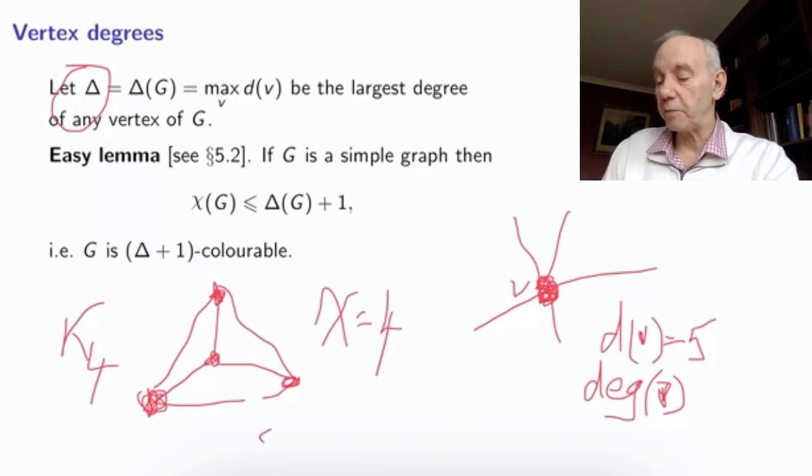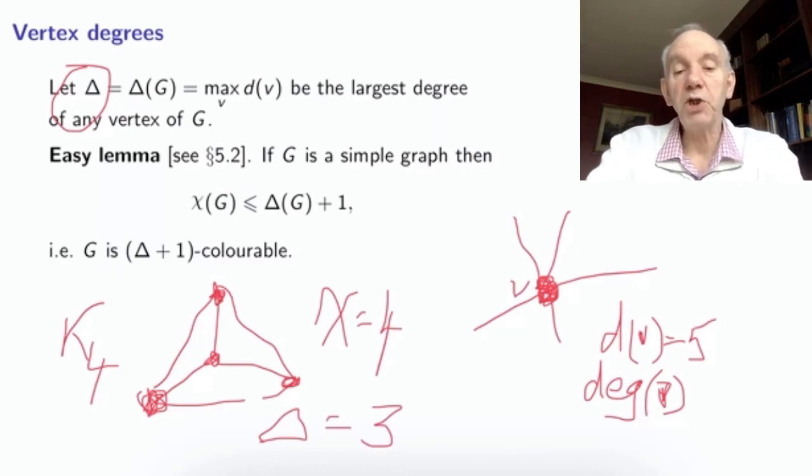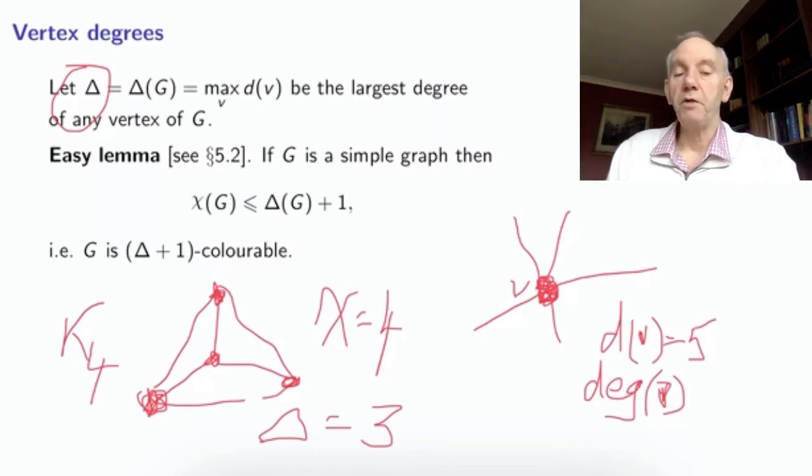But the maximal vertex degree is 3 because all the vertices have degree 3. So in that case, you actually need delta plus 1 colours. It's one of the few examples, as we'll see later, in which you need delta plus 1 colours. Often delta colours will suffice. Kn is the same. Kn has chromatic number n, but delta is n minus 1.